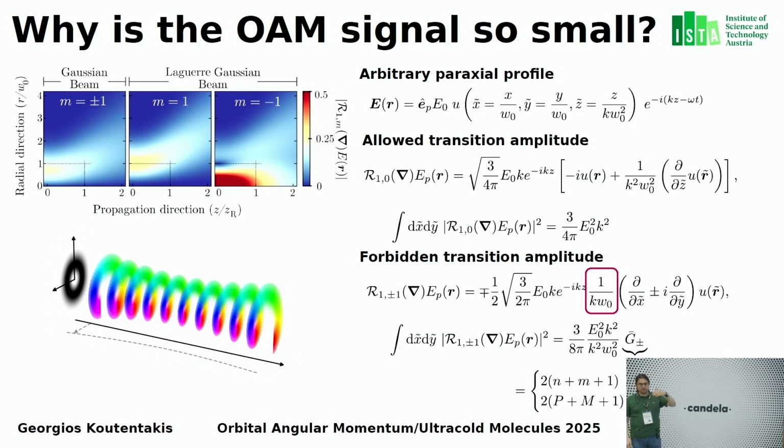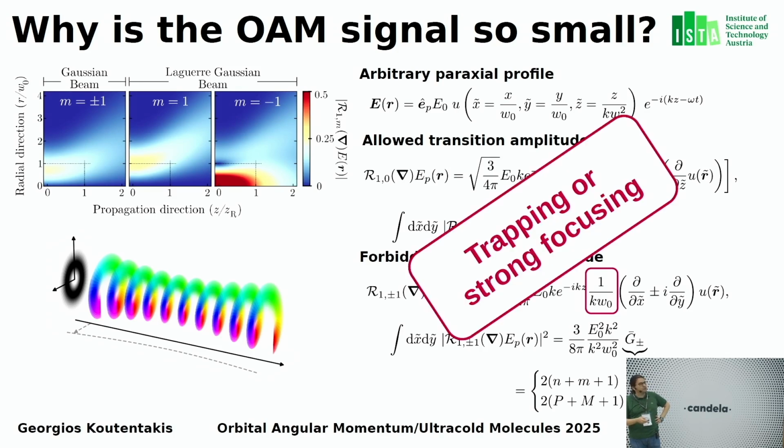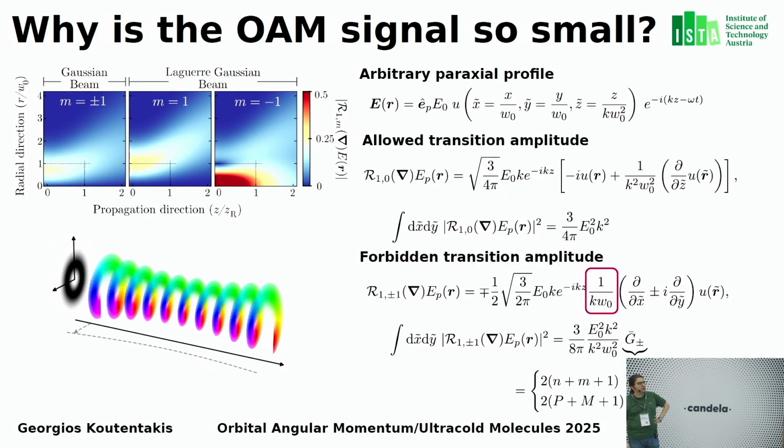You need to get focal fields, so experimentalists do not really like working in this regime. This is the regime of high numerical apertures, and people are pushing to this. In this case, one can do orbital angular momentum spectroscopy very well.